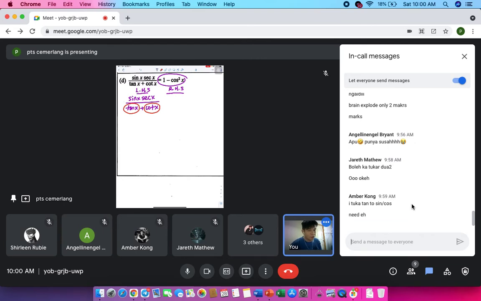Need. Cotangent tukar jadi apa? Cotangent tukar jadi cos over sine. Terbalik saja. Okay. Cotangent tukar cos over sin. Secant mau tukar secant.